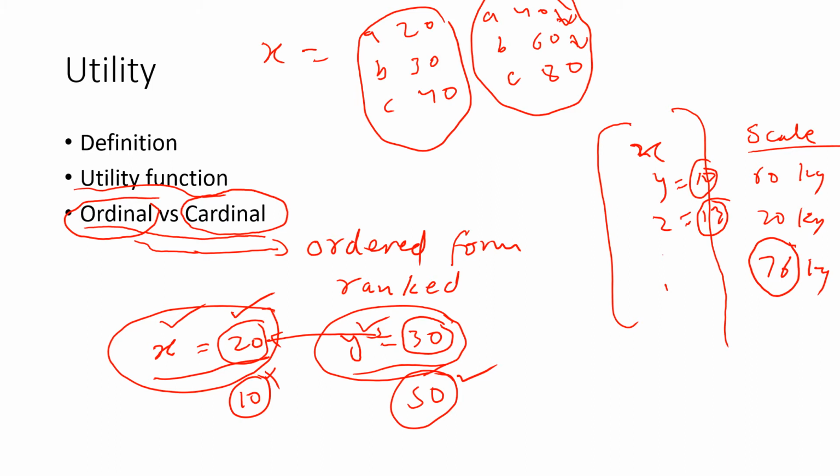That means that instead of 20 we multiply that by -1, and that will give us -20, -30, and -40, which basically changes the sequence, changes the order, changes the ranking. So negative transformation is not possible, but the positive monotonic transformation is possible in case of the utility functions.